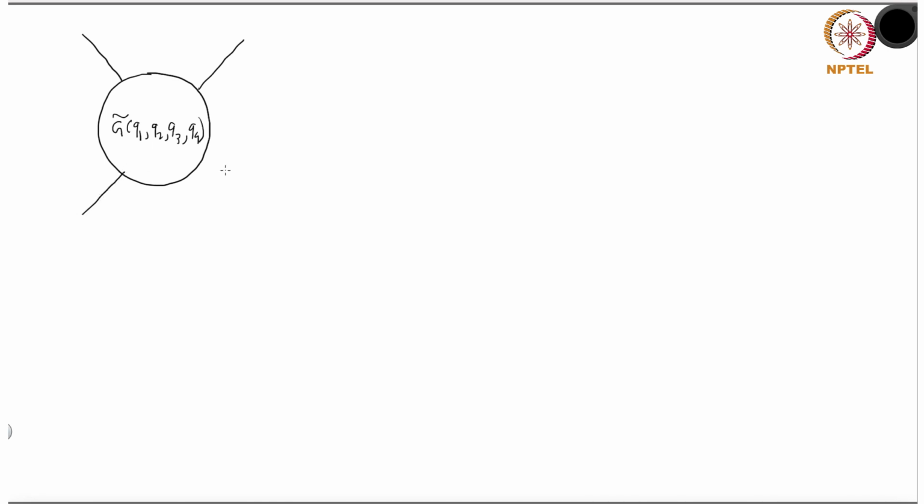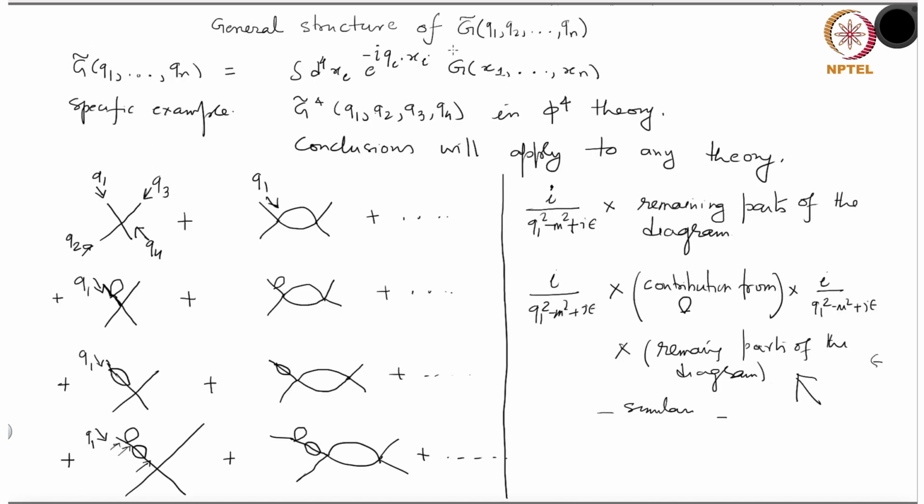I denote it like this. Now, this is equal to, let's look at the first leg, in which momentum q1 is entering. When I factor out all this, we have contribution from this leg, of this kind, of this kind, of this kind and this kind, multiplying the entire diagram.